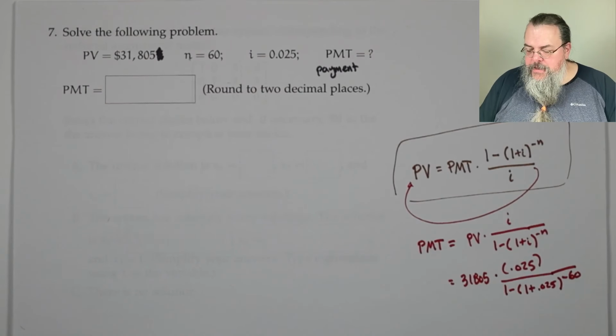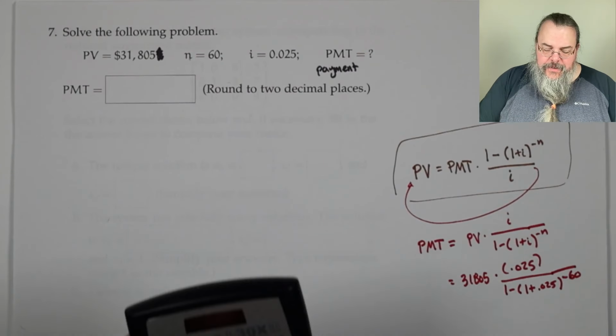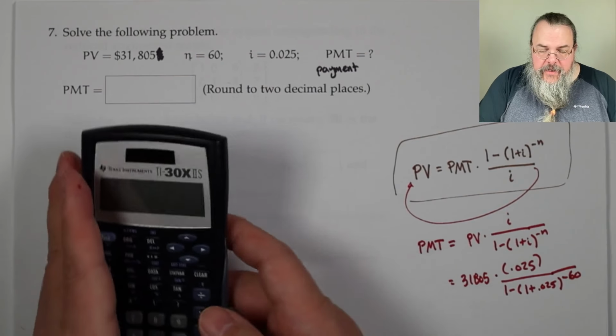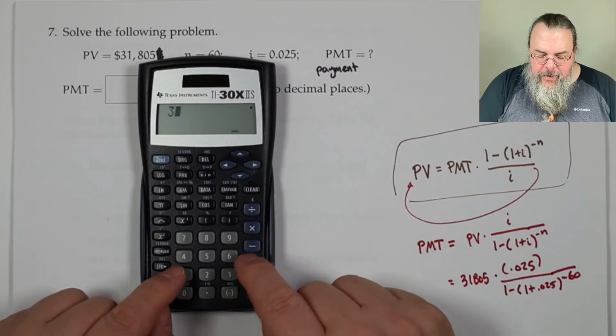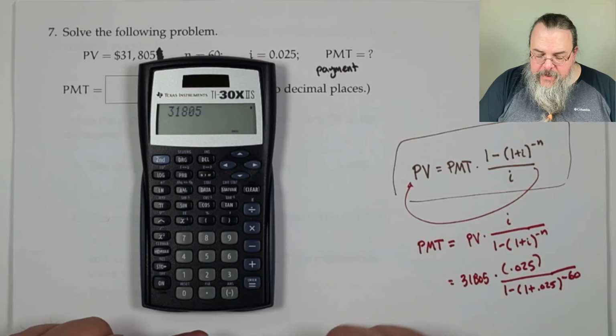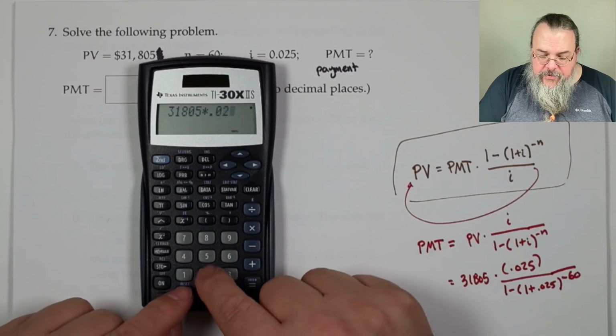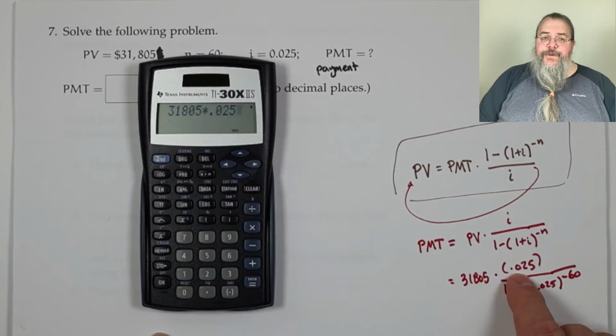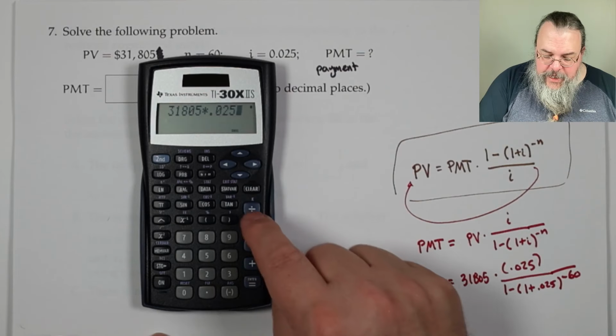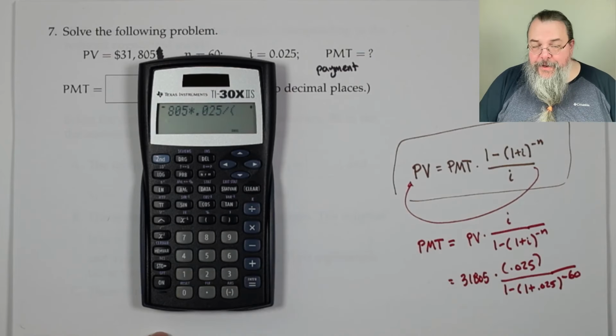Well, that's the computation. So we pull out again our calculator. It's good to have one. 31805 times 0.025. All right, so there we go. Divide by parenthesis.